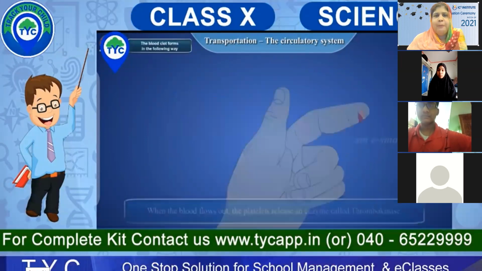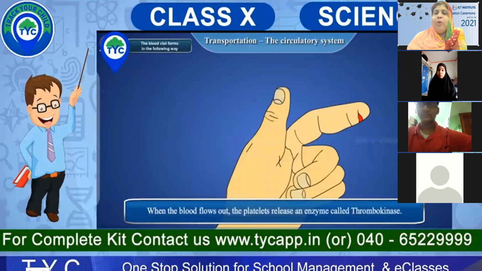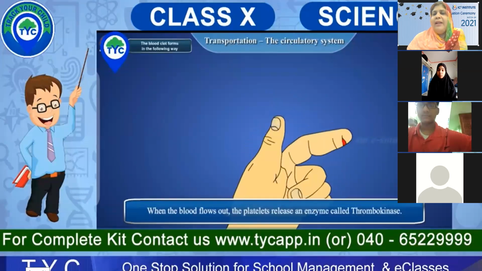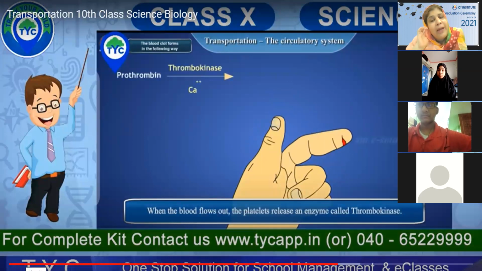So when the blood flows out, the platelets release an enzyme. Remember, this is a very important enzyme called thrombokinase.